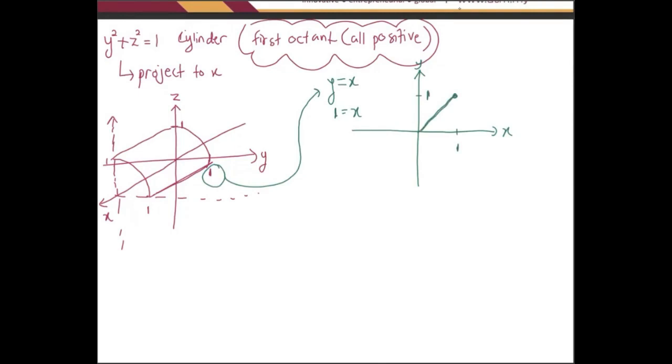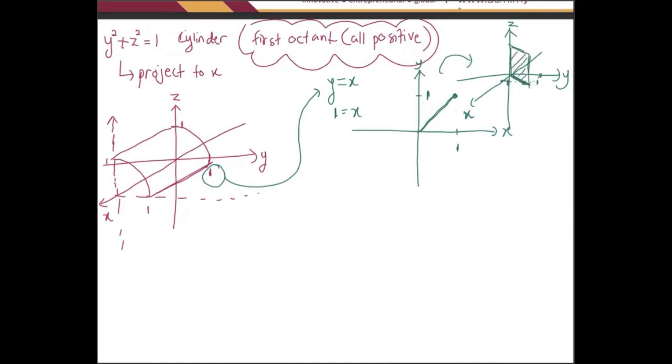So how to sketch in 3D? If we project to z, we have 3D, z, y, and then x. We have y, this is 1, this is 1. If we sketch, we will get this, right? And then we can project, let's say I project here, so I get this 3D.